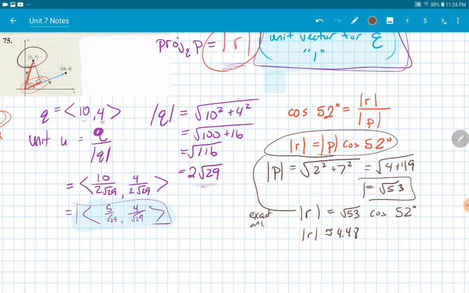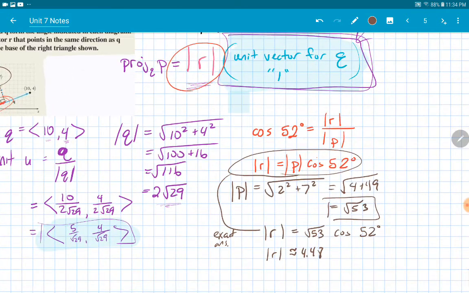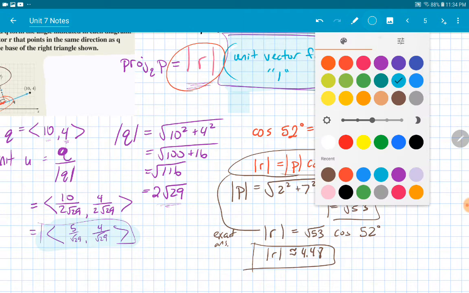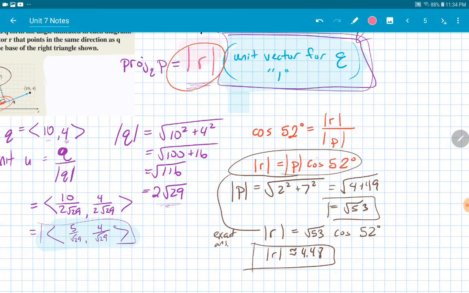Now I have my unit vector, and now I have my length. I'm going to highlight that one in pink.